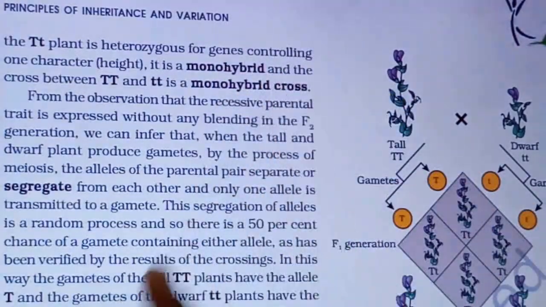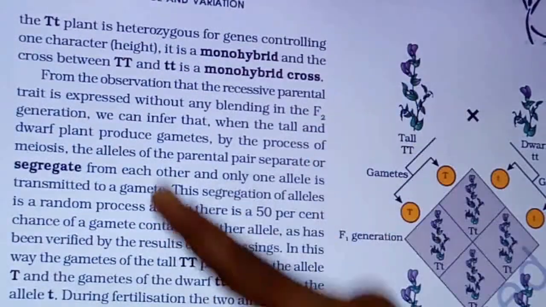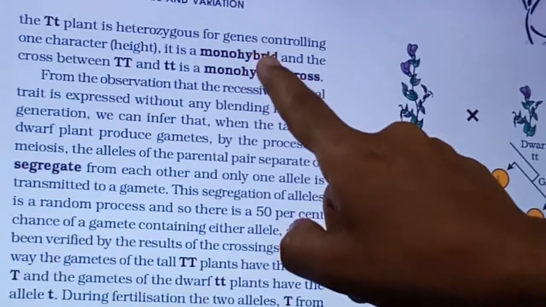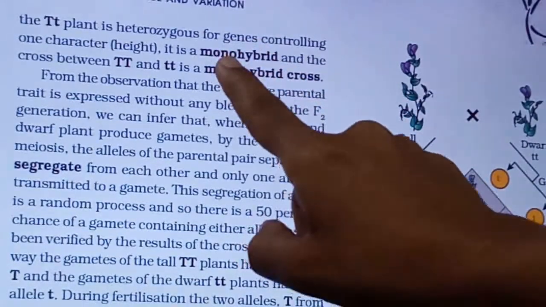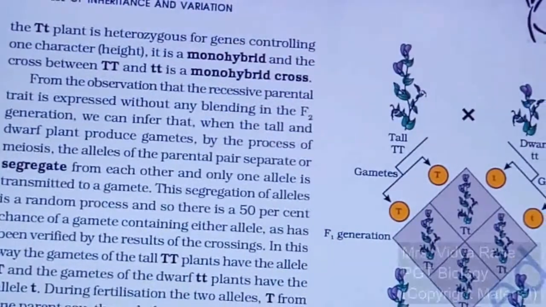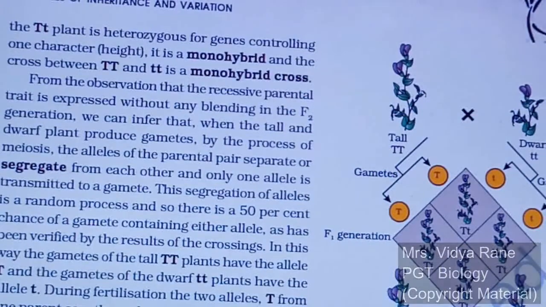So a gene controlling only one character, right, that is nothing but a monohybrid. Hybrid cross which is carried out for a single trait. So this difference you have to understand, and then you have to write the definition for this.